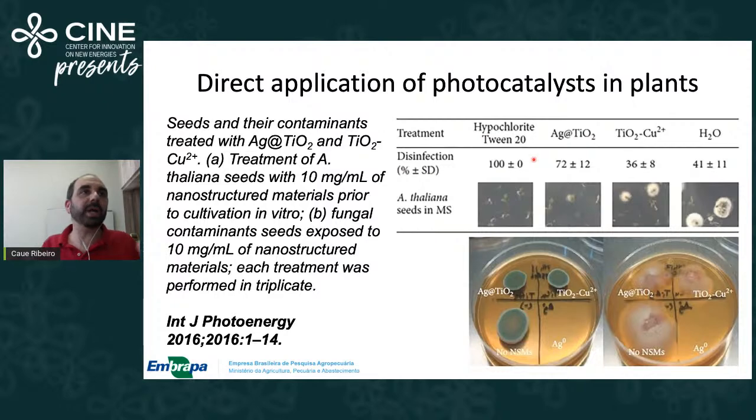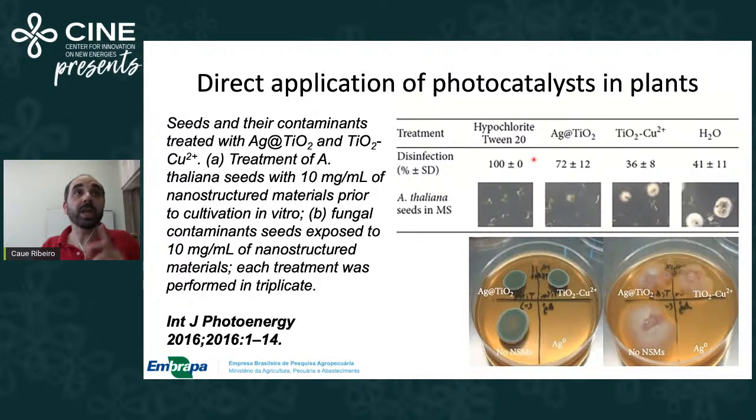This kind of strategy might be interesting because we can use a more stable pesticide to control this kind of contamination in the field, compared to the hypochlorite, for instance, that's totally volatile and can be lost to the environment after some time.